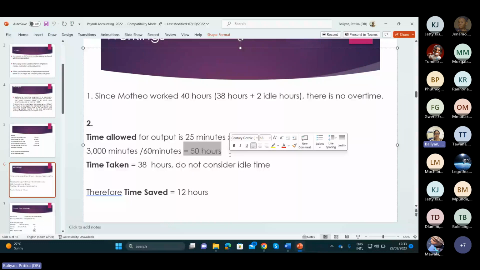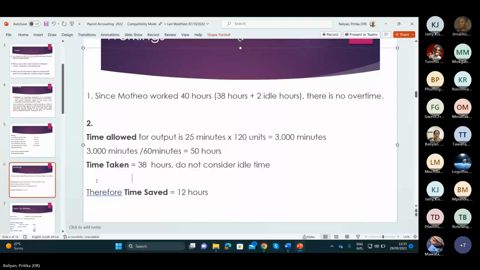You just calculate the time allowed to produce 120 because he produced all 120 units. So how much time did he save? 50 minus 38, right? 50 minus 38, 12 hours. So he saved 12 hours.